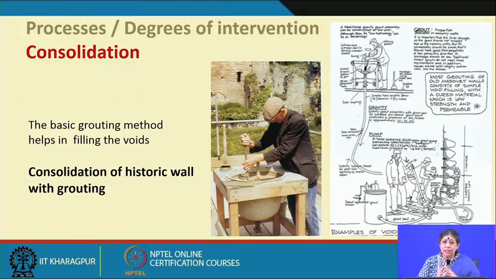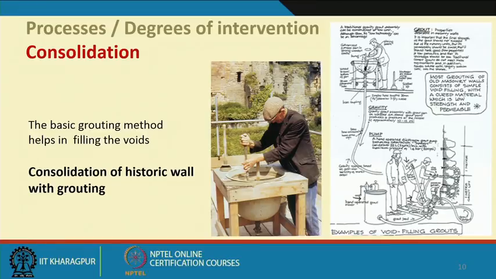So, this is the basic approach of consolidation, but grouting or injecting a grouting material behind a plaster surface are some of the ways grouting can be done wherever it is required, and this consolidation approach can be taken for some other situations also. Let us see.